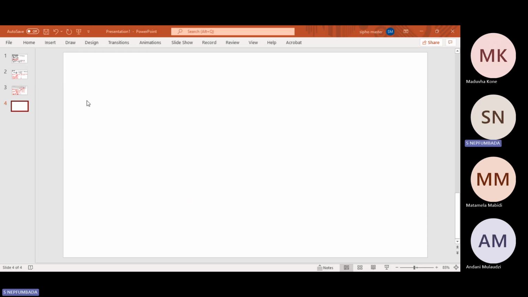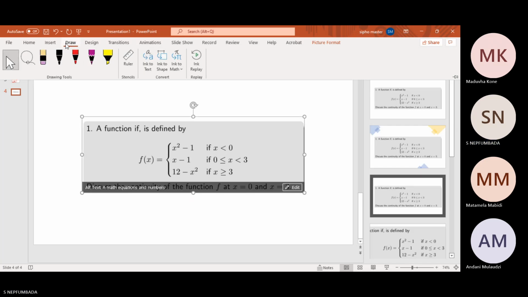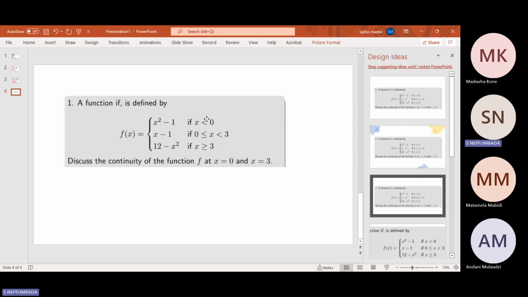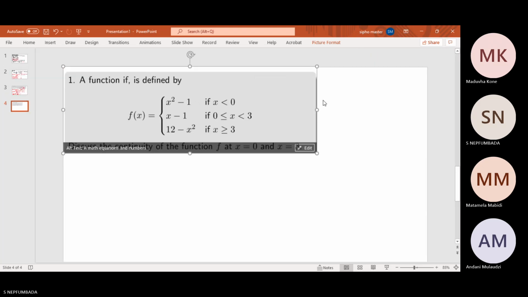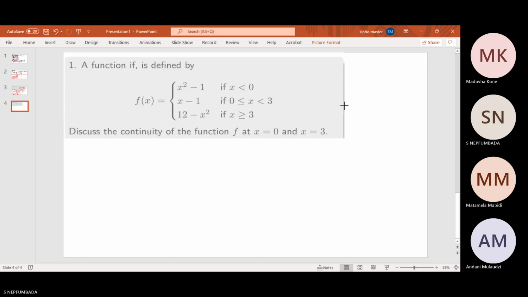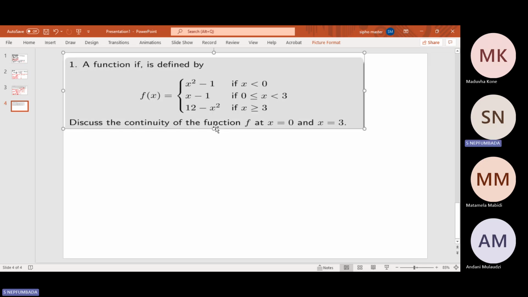So let's proceed. There we go. Let's say we've got this kind of equation now. You can see the screen, right?